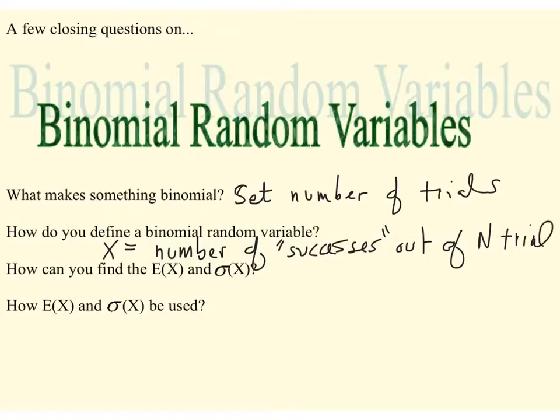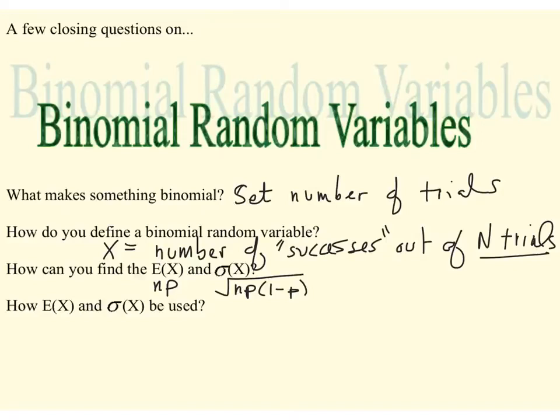And you'd add that again in context. And that is really what makes it binomial. The number of smokers we found out of 5. The formulas for expected value, it's just n times p. For standard deviation, it's the square root of n times p times its complement, 1 minus p.